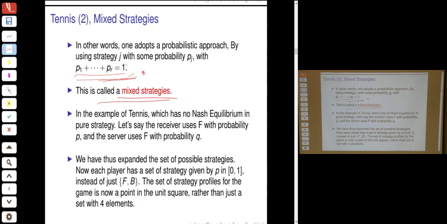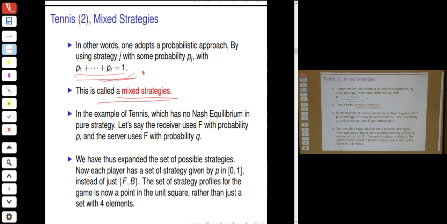Okay. So, in the example of tennis, you can check that it has no Nash equilibrium in pure strategy. You can just use the definition of Nash equilibrium and check for every strategy profile, and you will see that there is no strategy profile which satisfies the condition of Nash equilibrium.